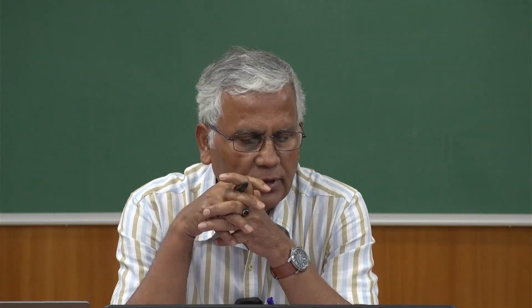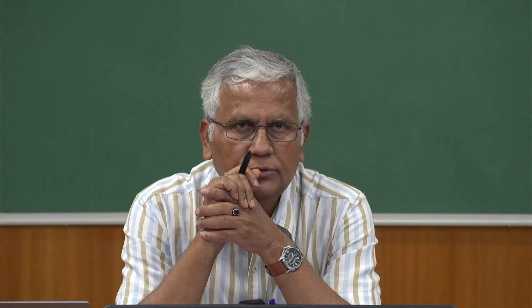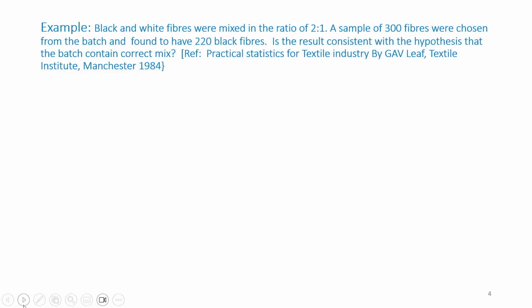Now we will discuss an example which is related to the proportion, and the example is here. If we read it, black and white fibers are mixed in the ratio of 2:1. So many times we mix fibers in order to produce some special shade.